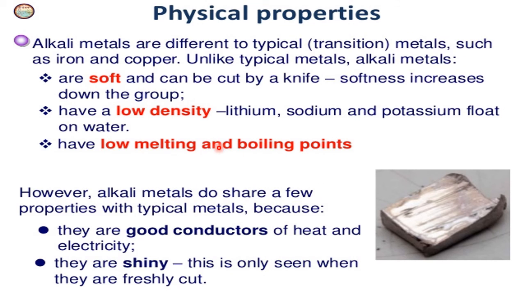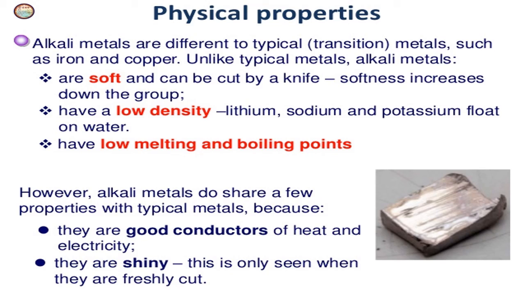Now we'll go to the physical properties. Alkali metals are different to typical metals such as iron and copper. This I already explained in the beginning. They are soft, with low density, low melting and boiling points. However, alkali metals do share a few properties with the typical metals, because they are metals.